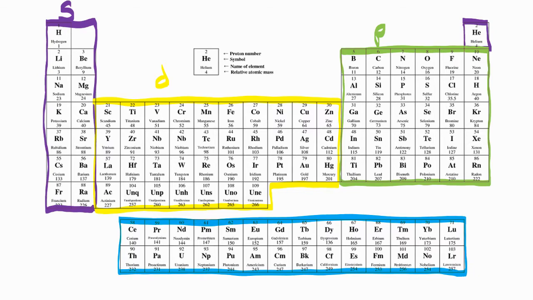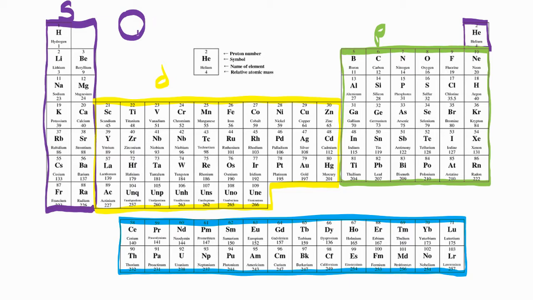So the one thing that I want to point out in this particular slide is that maybe you've noticed that all of these blocks are different widths, and the width of each block is going to correspond to the number of electrons that that type of orbital can fit if it's full. So remember that s orbitals are spherical and they can only hold 2 electrons.